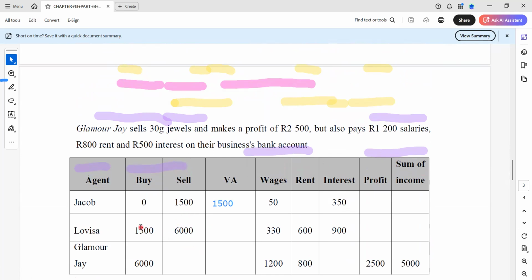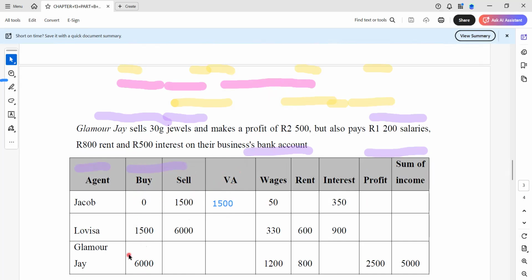Don't be confused by this one. This one is just the amount that Lovisa paid to Jacob. There's no significance to these amounts here. I don't think they would make any impact whether you include this column or not, because usually we have the value of sale column and the value added column.